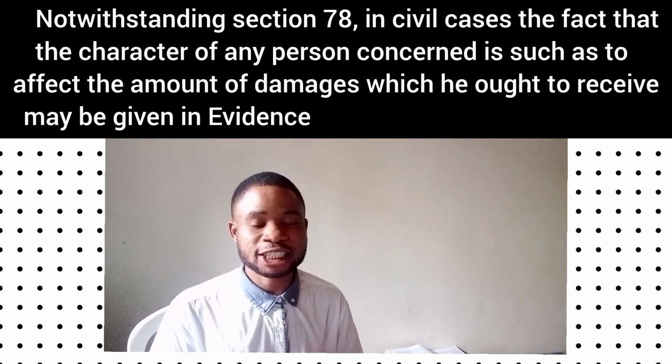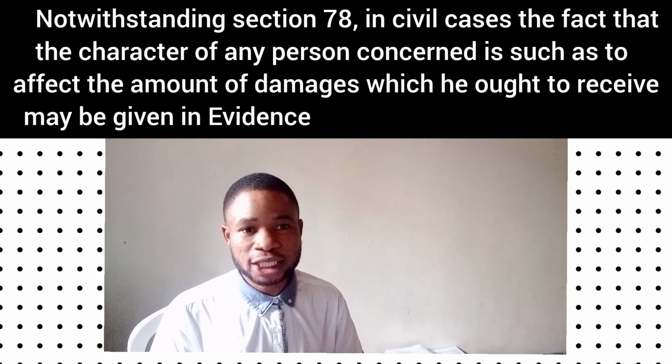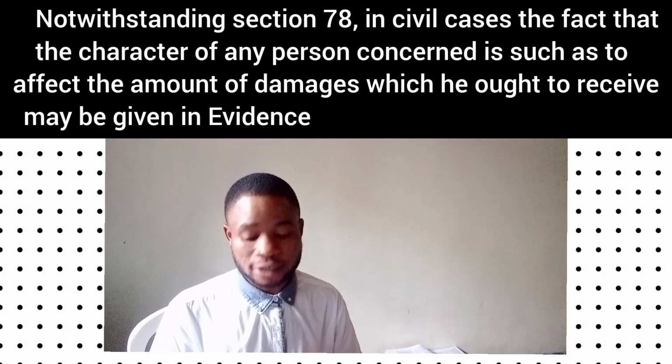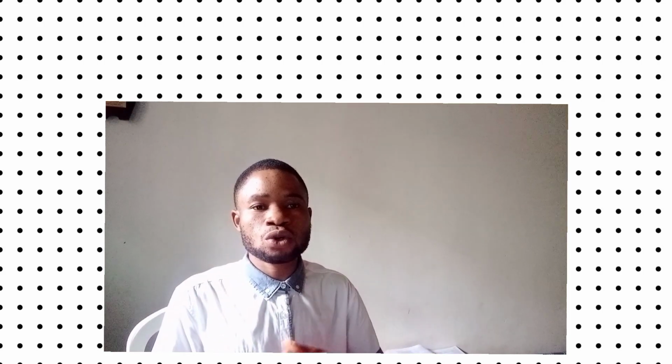So notwithstanding the general rule in section 78, section 79 is saying that in civil cases, if the character of any person is such that it will affect the amount of damages the person will be awarded, or be entitled to, it may be given in evidence.